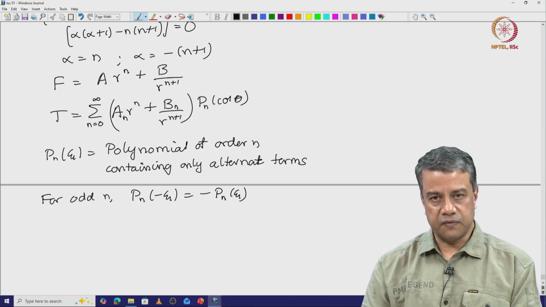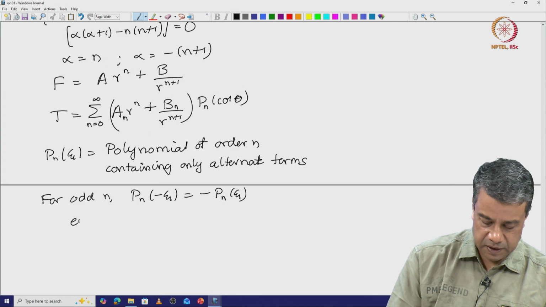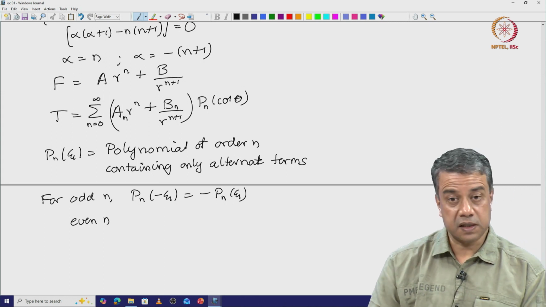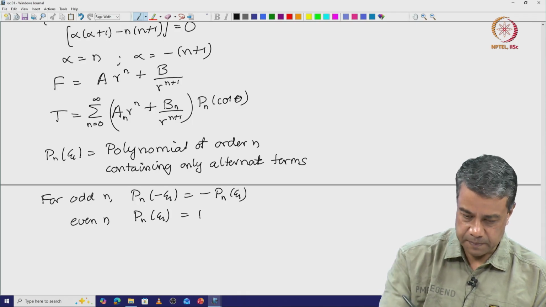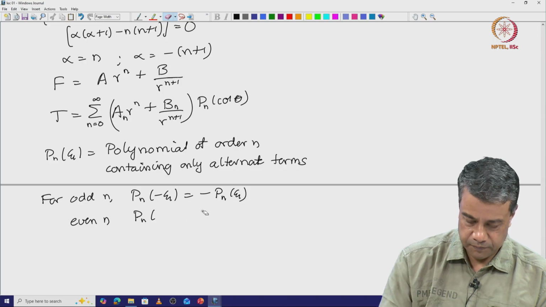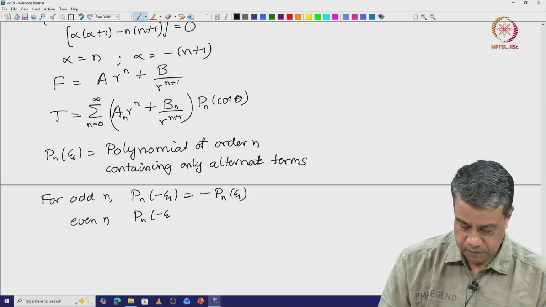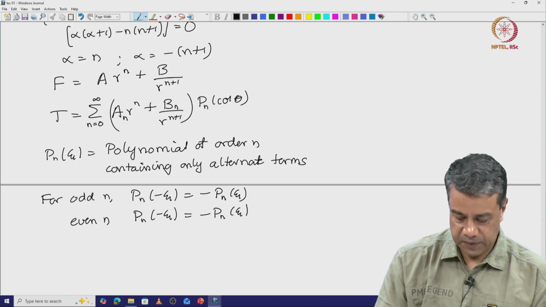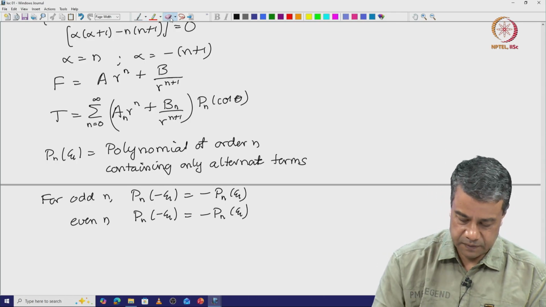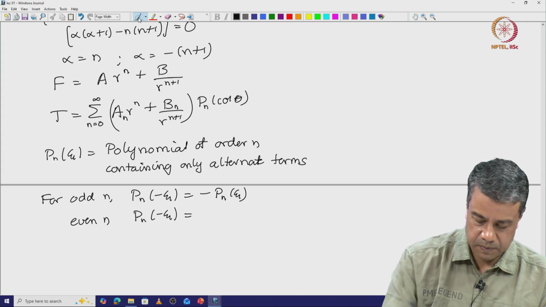P n is an odd function of psi, and for even n, since it contains only even functions, p n of psi is equal to plus p n of psi. For even n, this is equal to plus p n of psi.